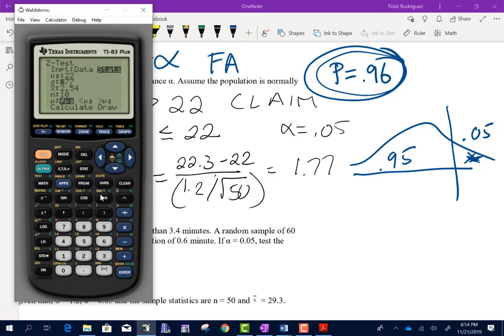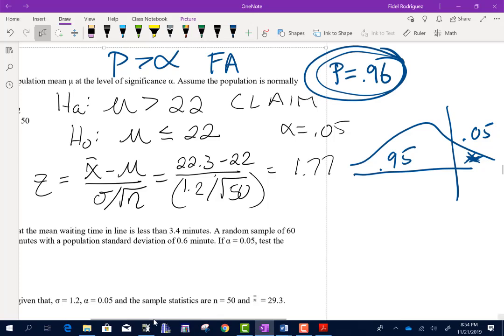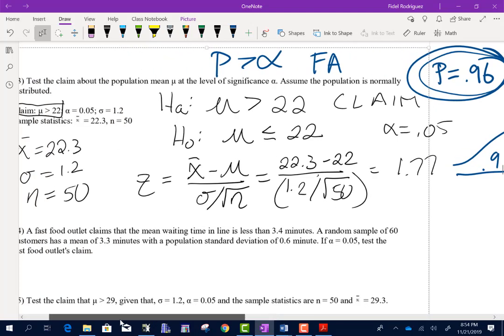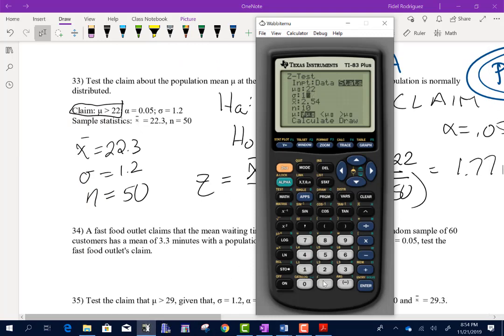For sigma, we typed in 1.2. Our x-bar was 22.3, and my n was 50. And this is left tail, right tail, two tail. This is right tail, right? Enter, and then calculate. And there we go.